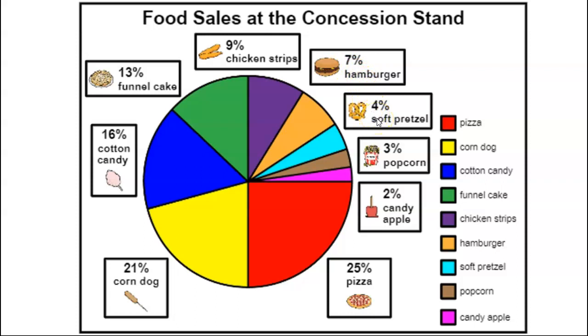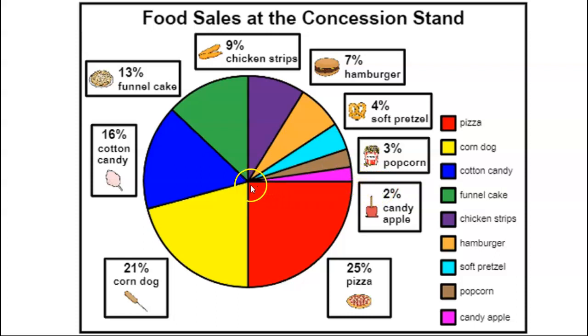Soft pretzels is this light blue slice. Soft pretzels are 4% of sales. Then we have popcorn, which is this brown slice. Popcorn is 3% of sales. Candy apples, the pink slice, are 2% of sales, very small percent.